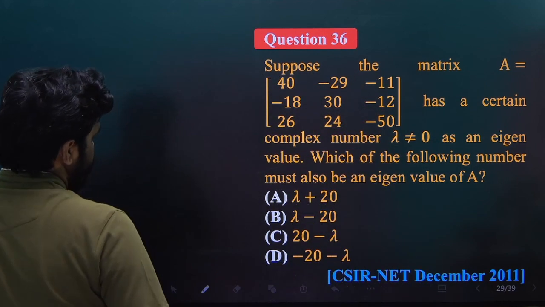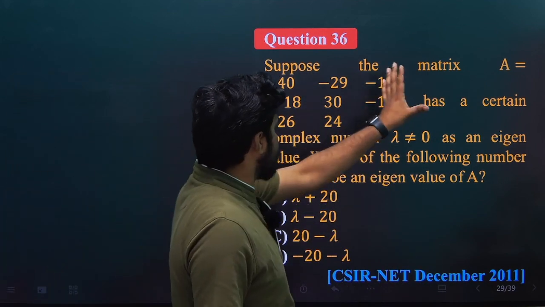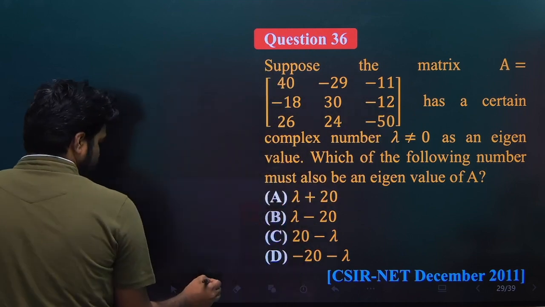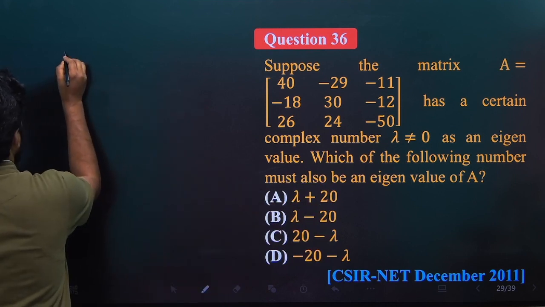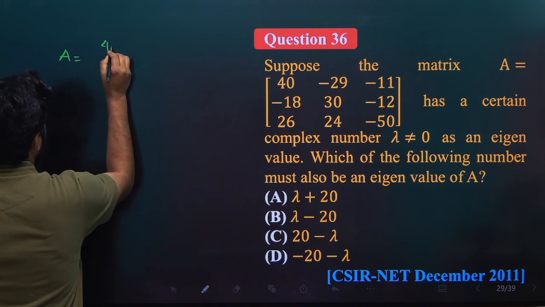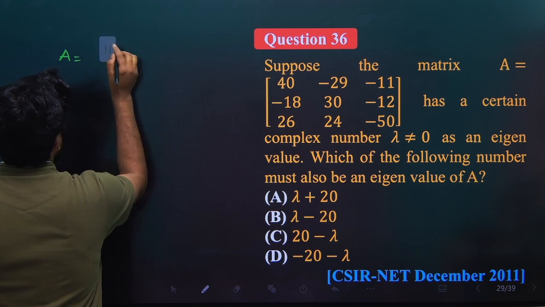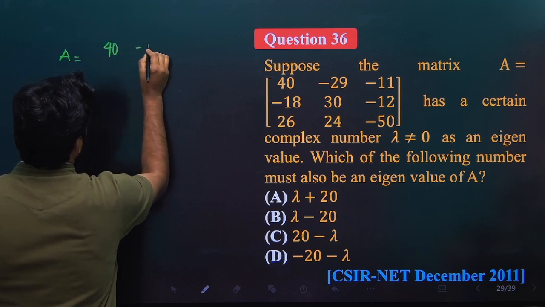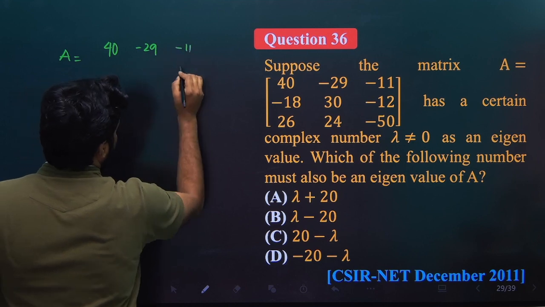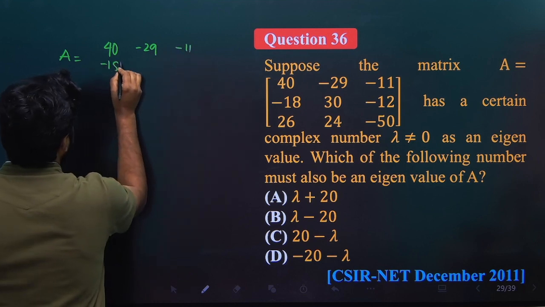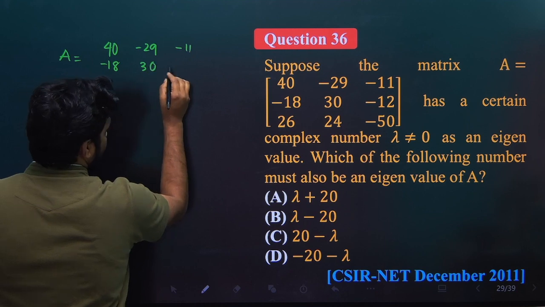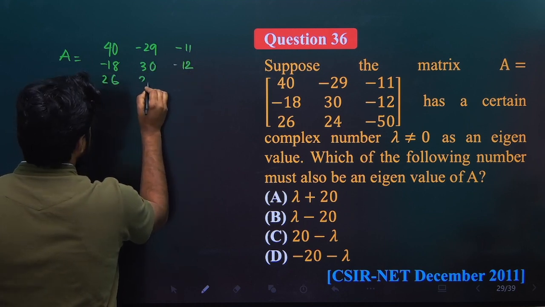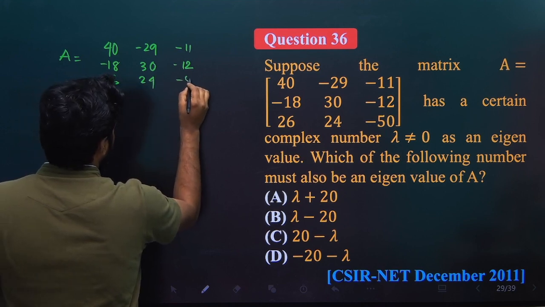So what is given here? Suppose the matrix A is 40, minus 29, minus 11, minus 18, 30, minus 12, 26, 24, minus 50.